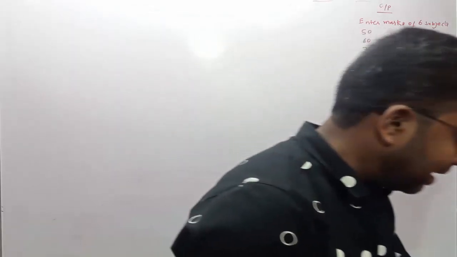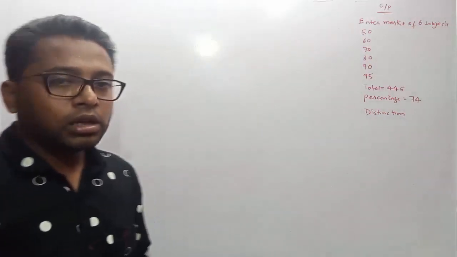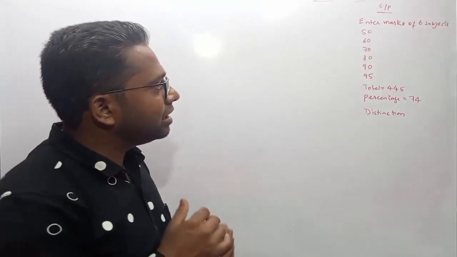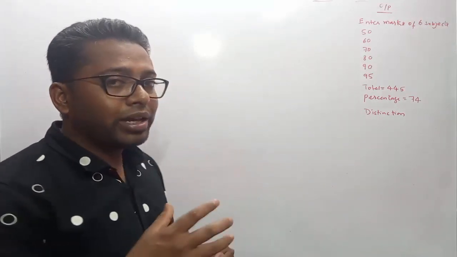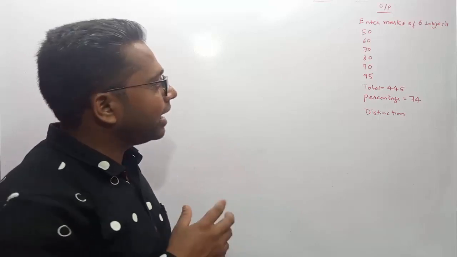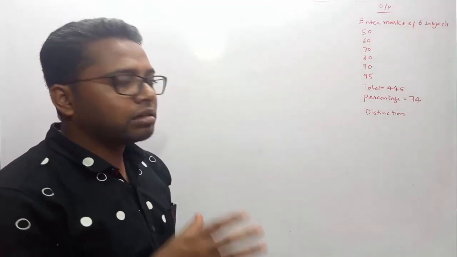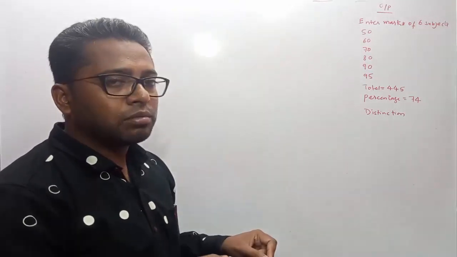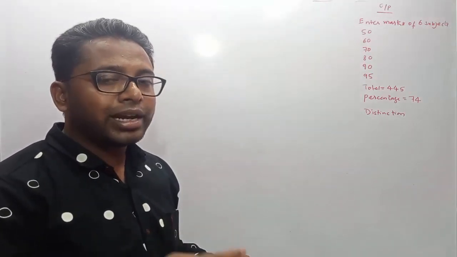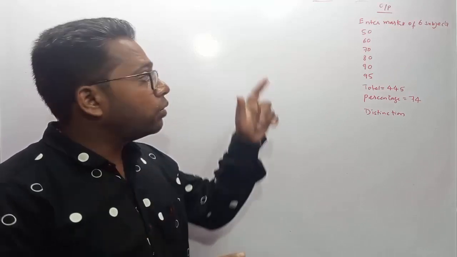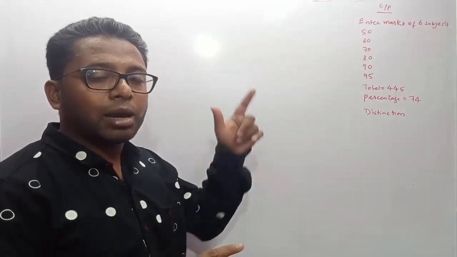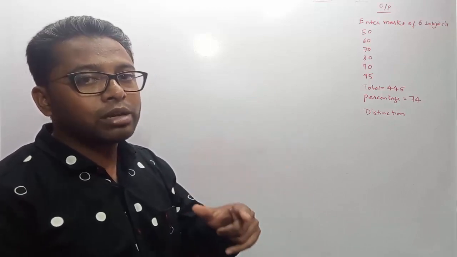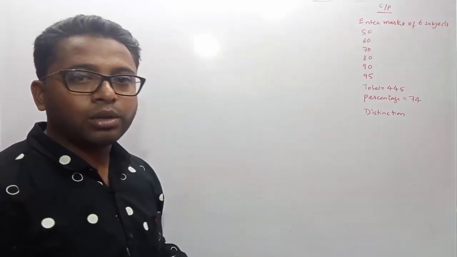So how can we get this output? Just by looking at this output you can clearly see how many variables we require. Since we are accepting 6 different marks from the user, to hold each of these marks in our program we should create 6 different variables. Let us suppose M1, M2, M3, M4, M5, M6 are the 6 variables which hold these 6 values.